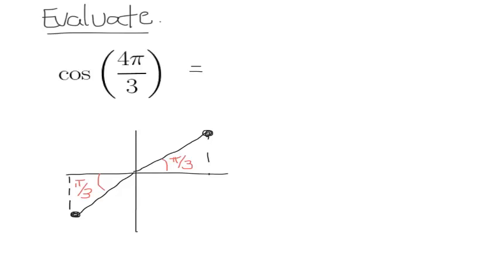This tells us that cosine of 4 pi by 3 is going to be related to cosine of pi by 3, except that these two x values are going to be opposites of each other. We know that cosine of pi by 3 is 1/2, so negative cosine of pi by 3 is going to be negative 1/2.